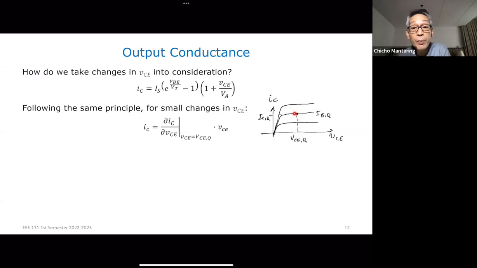We're assuming that for small changes in VCE, this curve is going to be approximately a straight line, which actually looks very much like a straight line. And therefore, we just need to know the slope at this point, multiply it by the change in VCE, and we're going to get the corresponding change in IC.